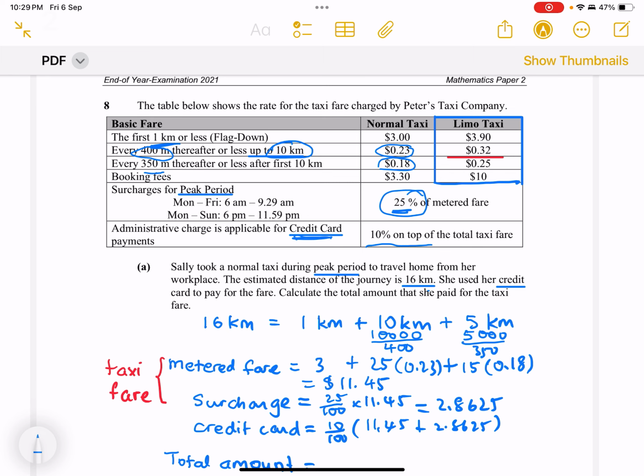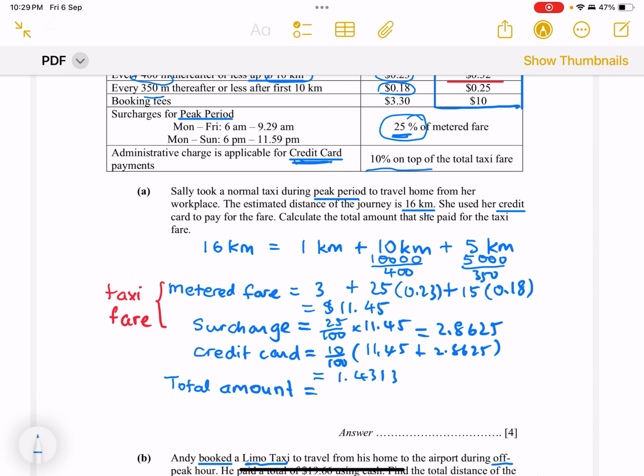Okay, so that works out to be 1.4312 or 13. Okay, so again 5 significant figures.